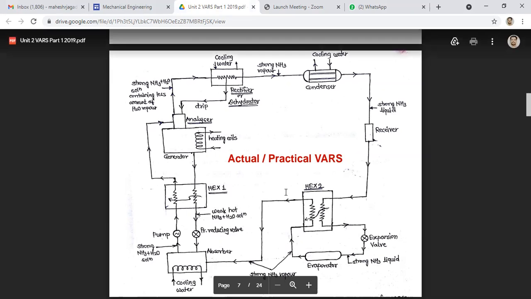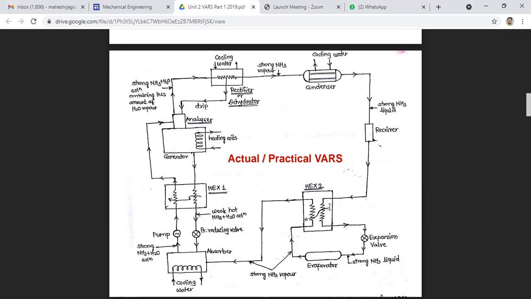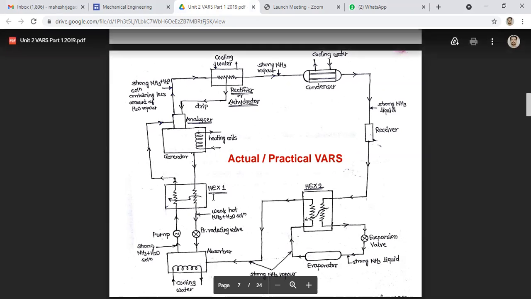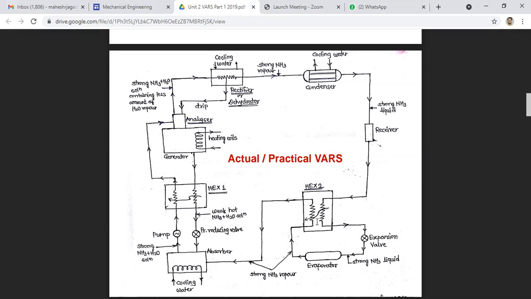heat exchangers. As you can observe here, this is the first heat exchanger, and this is the second heat exchanger. Also, we have introduced the rectifier. To make this more and more practical, we have also introduced the analyzer in this system.